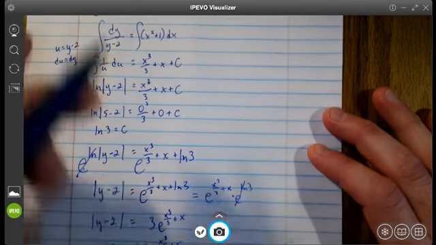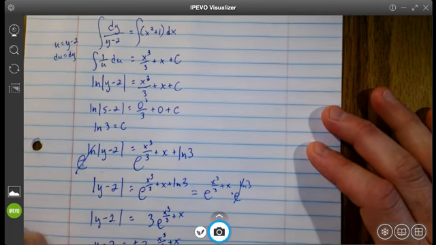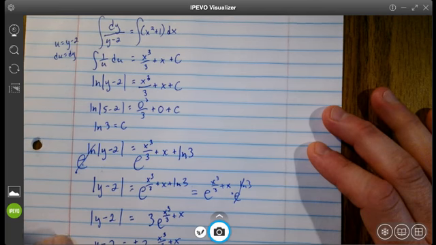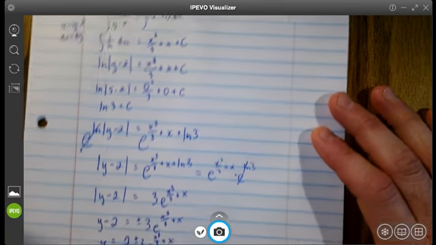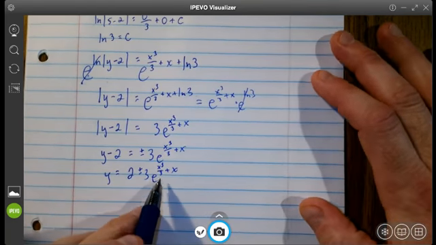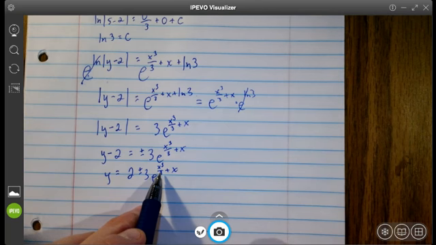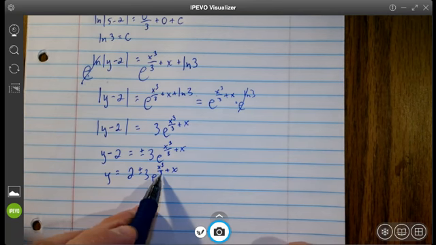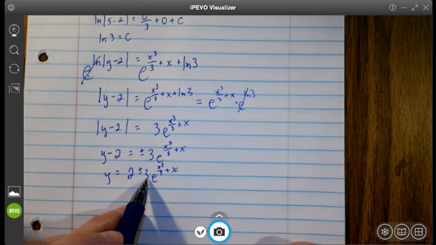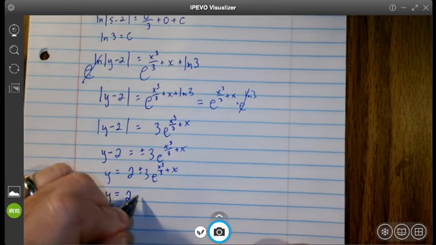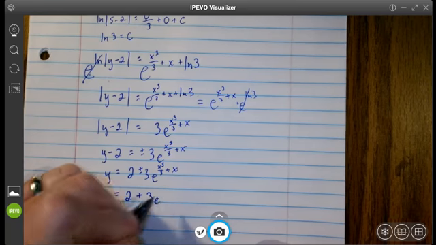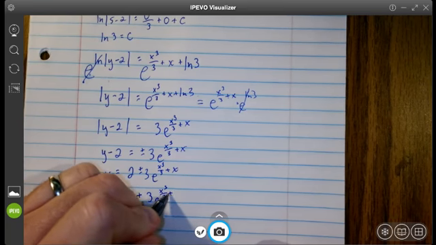So if I add 2 over, y equals 2 plus or minus 3e to the x cubed over 3 plus x. If I plug in 0 for x, I have to remember that I have to have 2 plus 3 to get positive 5. So my answer is y equals 2 plus 3e to the x cubed over 3 plus x.